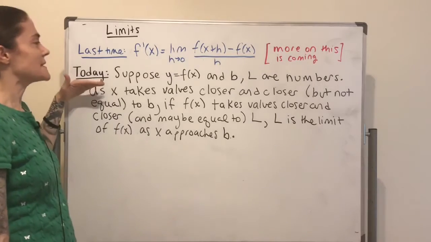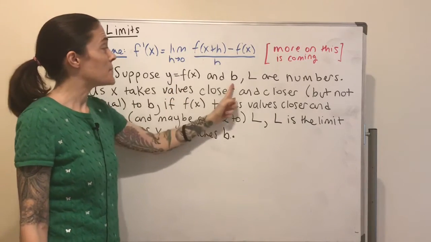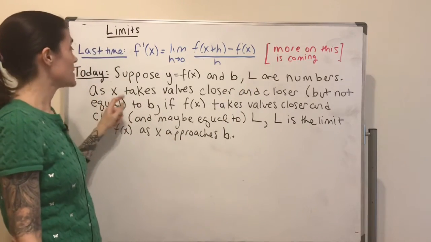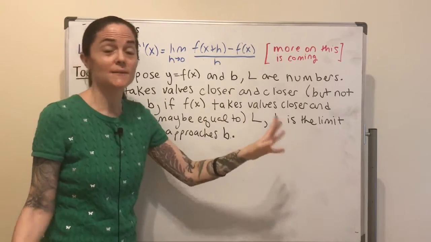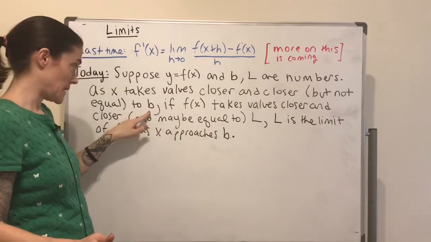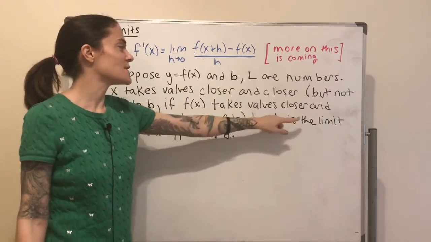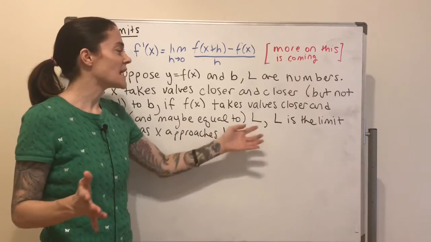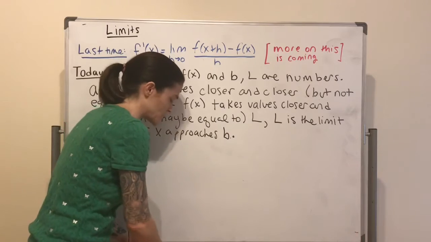So what's the idea? So suppose you have a function. b and L are numbers. And then as x takes values closer and closer but not equal to b, if the function takes values closer and closer, well, it may be equal to L. L is the limit of f of x as x approaches b.